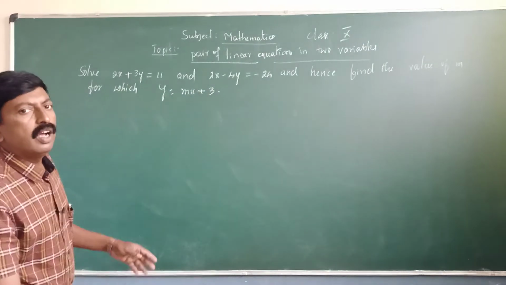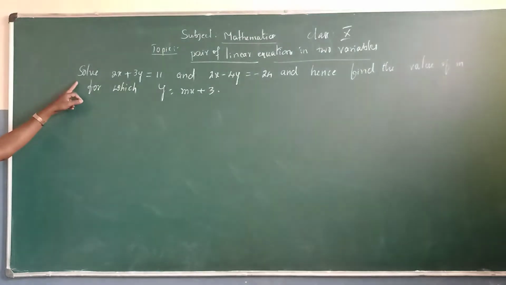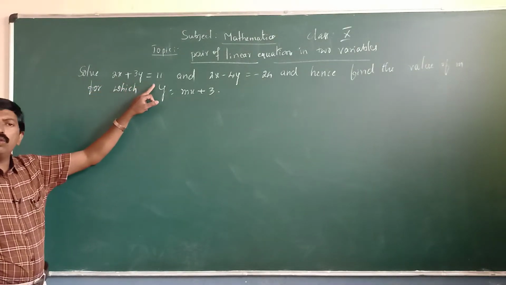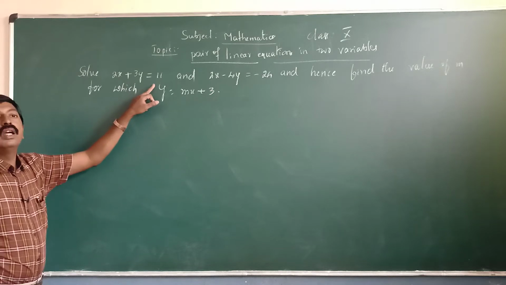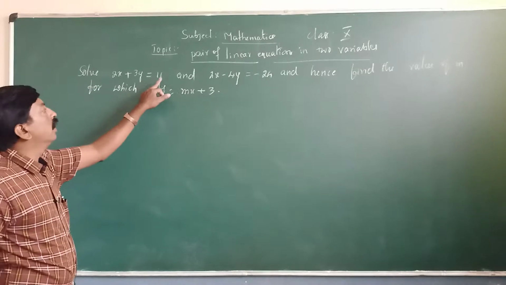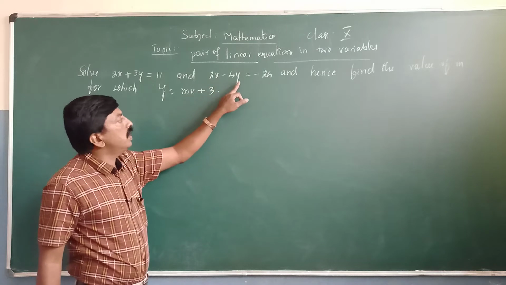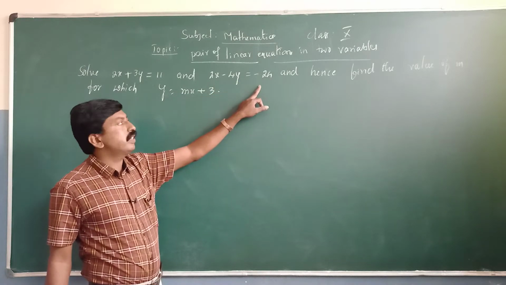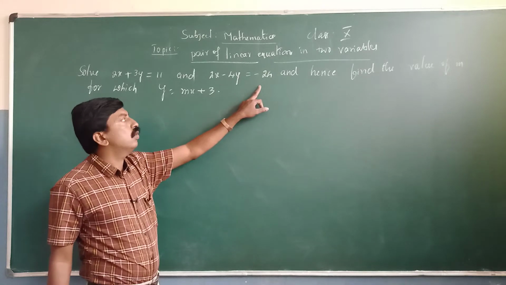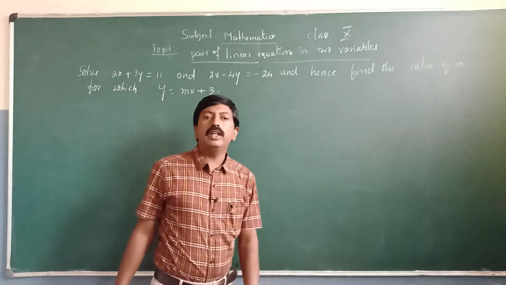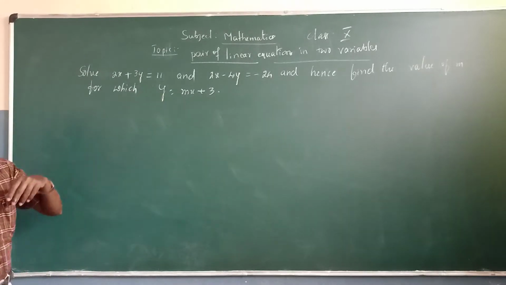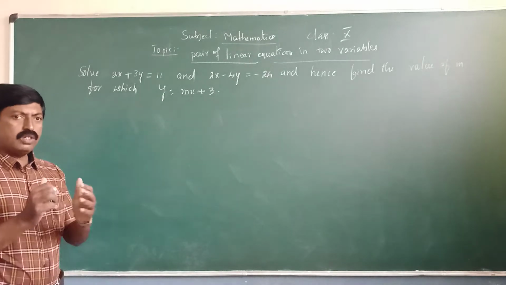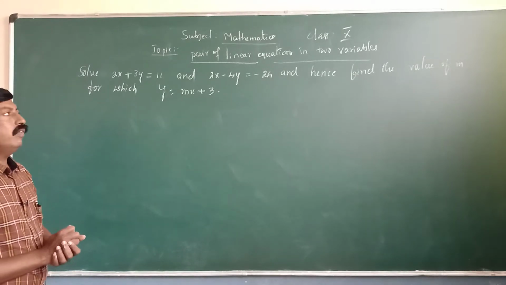Now you can observe carefully. Solve 2x plus 3y is equal to 11. This is one linear pair of equation, and 2x minus 4y is equal to minus 24. And hence to find the value of m, they have given the linear equation y is equal to mx plus 3. First you can take these two equations.